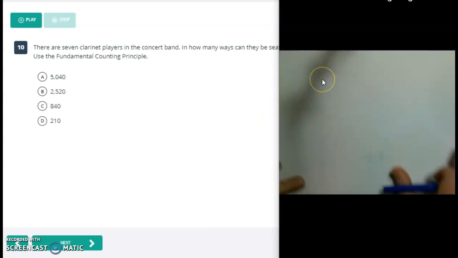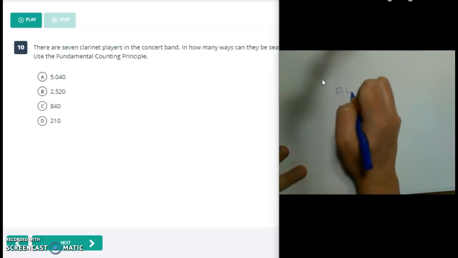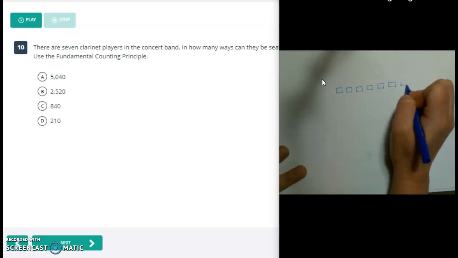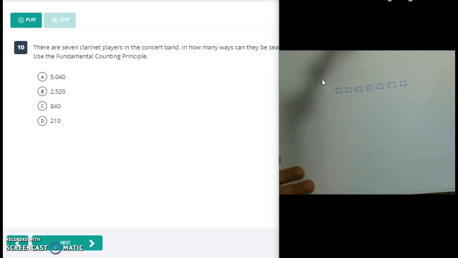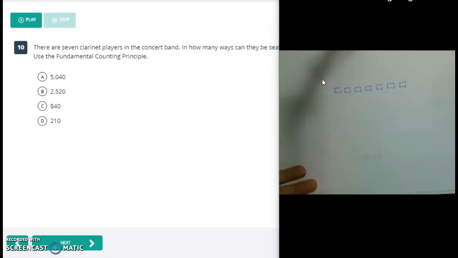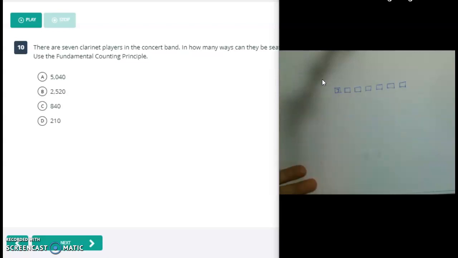So if I think about this, if I have 7 chairs, 1, 2, 3, 4, 5, 6, 7, okay? And there are 7 clarinet players, so there's going to be 1 to fill every seat. In the first seat, there are 7 options of people that could fill that seat.